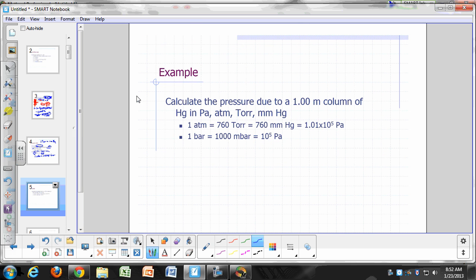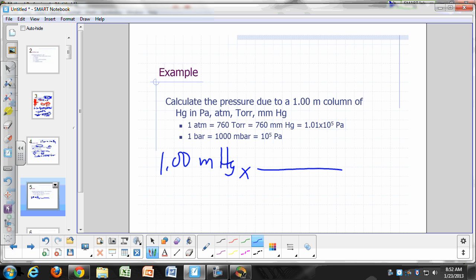Okay. All right, let's calculate the pressure due to a 1-meter column of mercury in pascals, atmosphere, torr, and millimeters of mercury. You should be able to do that, huh? So what would we need to do the conversion? 1.00 meters of mercury.